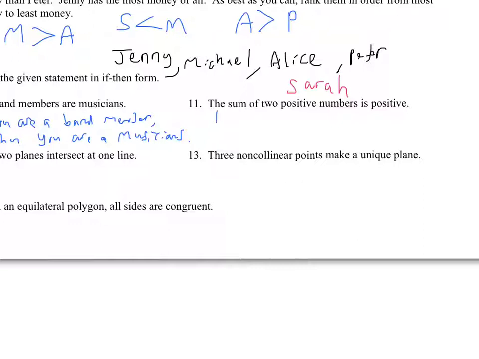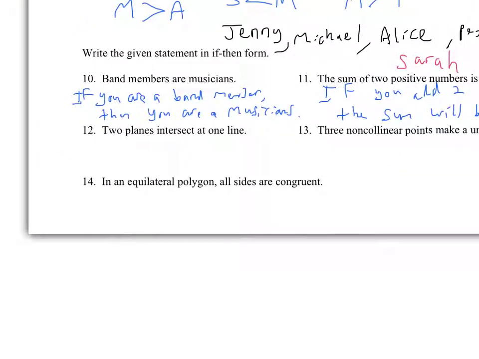Okay, so if you add two positive numbers, the sum will be positive. So with that one, it originally said the sum of two positive numbers is positive. The way I take that to mean is that you start with two positive numbers and you end up with a sum. I think that's the way that most people would read that, so that's why I put it in that order.